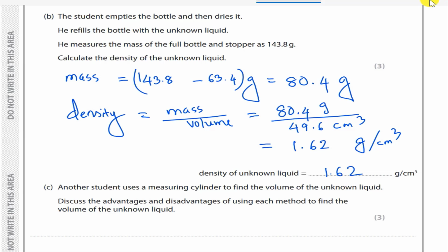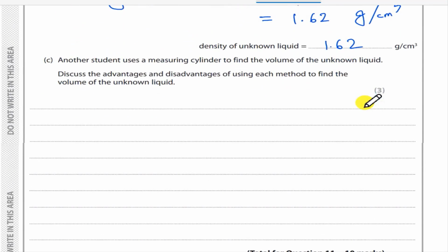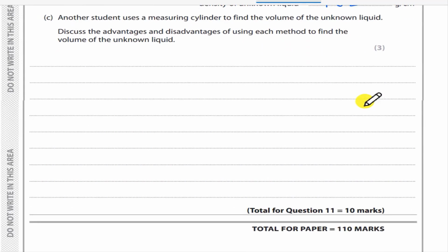Another student uses a measuring cylinder to find the volume of the unknown liquid.